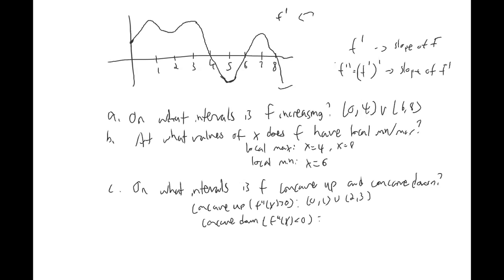And then I think one more. Yeah, 5 to 7. Good. And then it's concave down from 1 to 2, right? I'm decreasing, and then 3 to 5, and then I'll just put 7 to infinity.